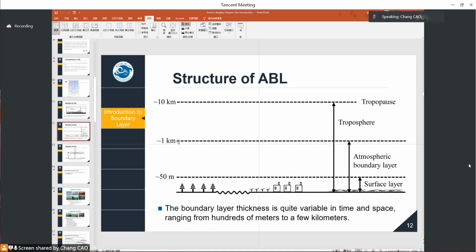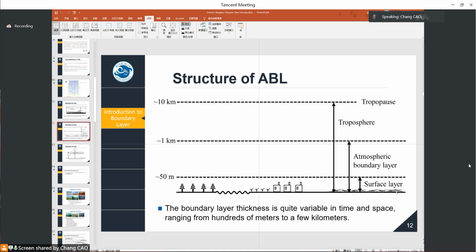This is very important. That's the basic structure of the ABL. Also, from this picture, if we look into the atmospheric boundary layer, we find that there's a surface layer that lies in the atmospheric boundary layer. Usually the surface layer is about several tens of meters.